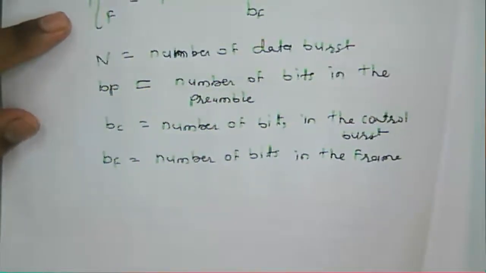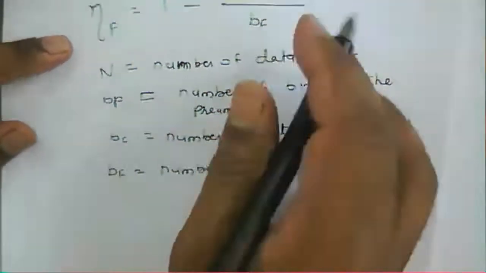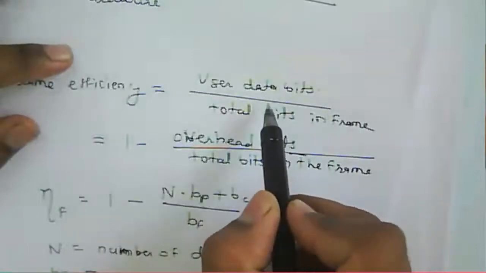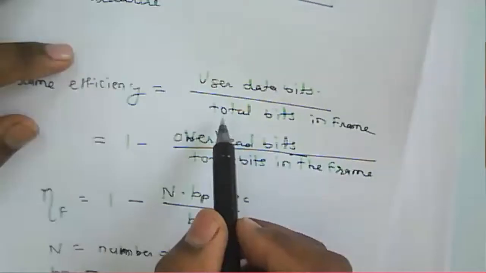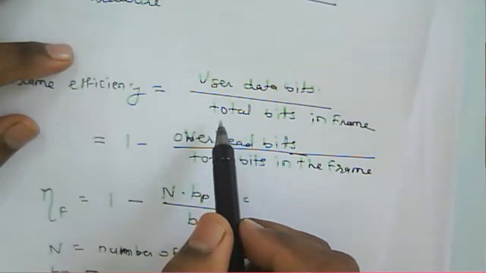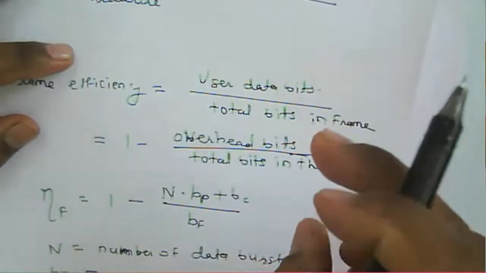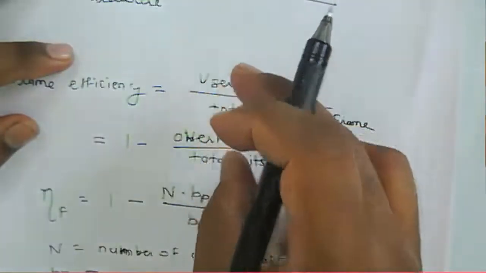So the frame efficiency is just a ratio of the user data bits to the total bits in the frame. That is the efficiency of the TDMA frame.